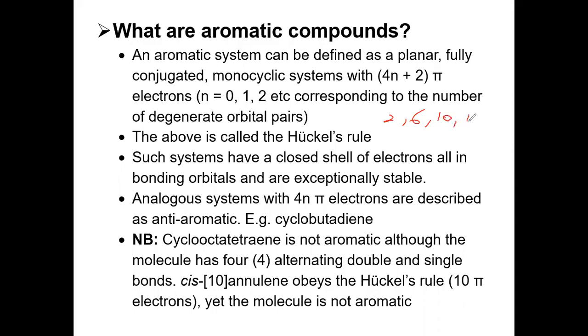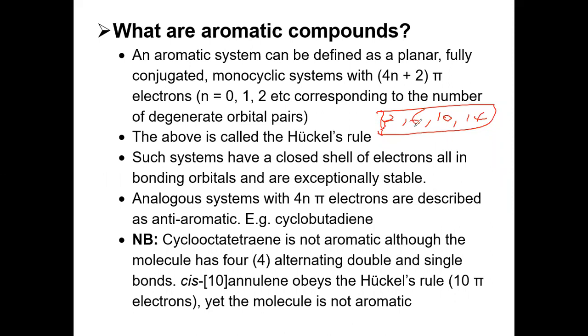If n is equal to 3, we have 14. So let's keep these numbers. Now these are supposed to be the number of pi electrons that will show that the system is aromatic. That means either you have 2, you have 6, you have 10, you have 14, going onwards like that, right?